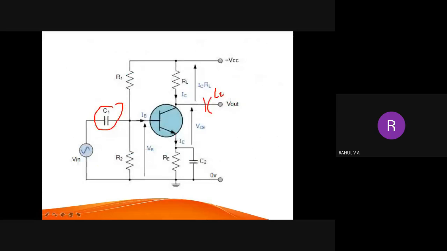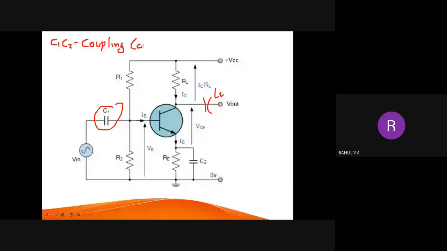As I said earlier, C1 and C2 are coupling capacitors.